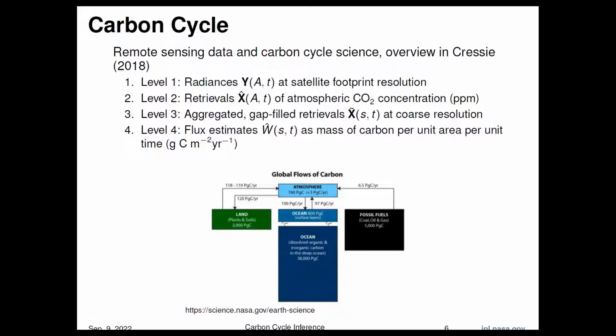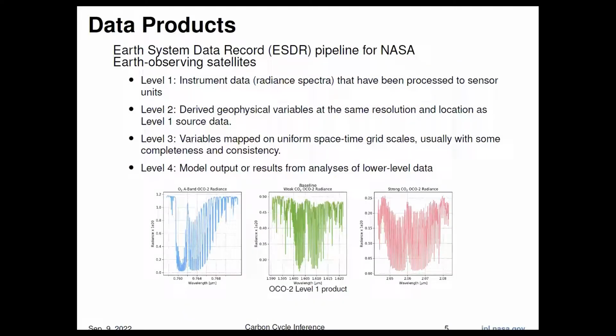At level 2, we've got something we call a retrieval, which gives us an estimate of CO2 in the atmosphere, and we'll call that X hat. At level 3, as I said on the last slide, we might aggregate those in some fashion in space or time, and we'll call those X tilde. So that's the progression. We're going to focus mostly on level 1 and level 2 in the talk here.